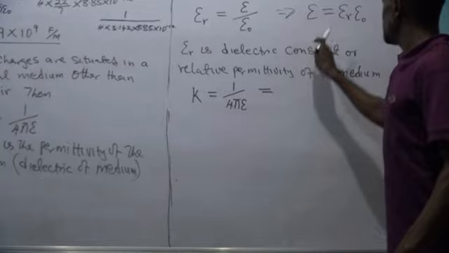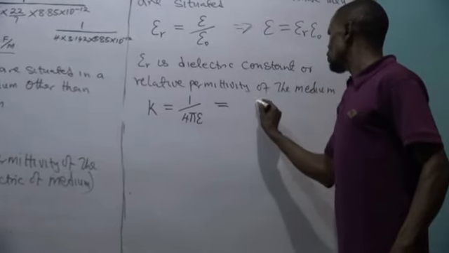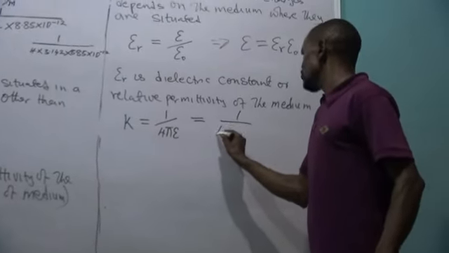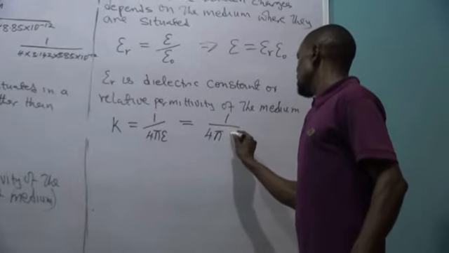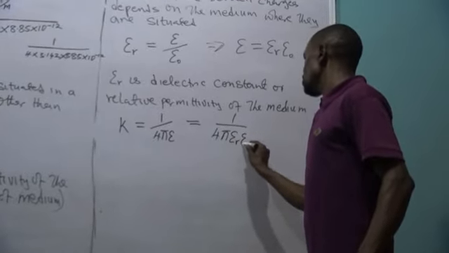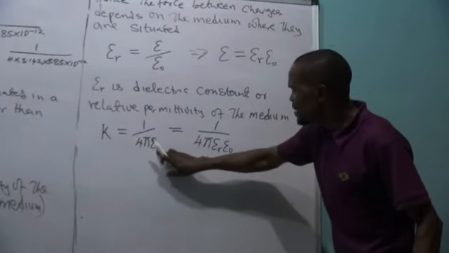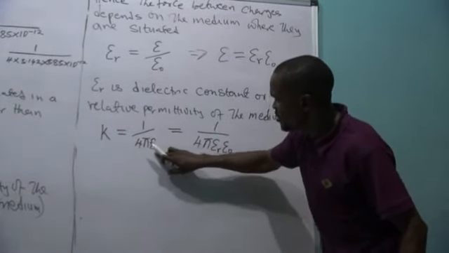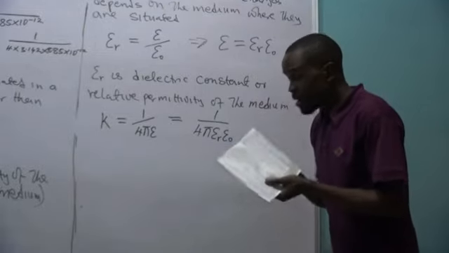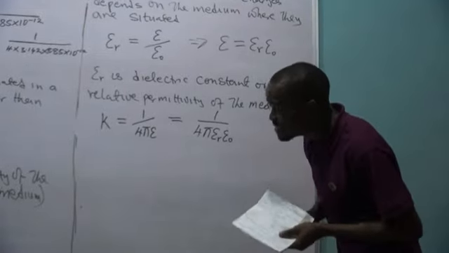Therefore, knowing this is equal to this, I will have 1 over 4 pi epsilon r epsilon o. I use this when this term is not given to me. What do we call this term? Permittivity of the medium.